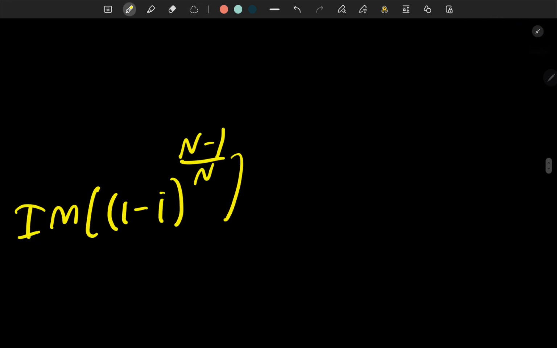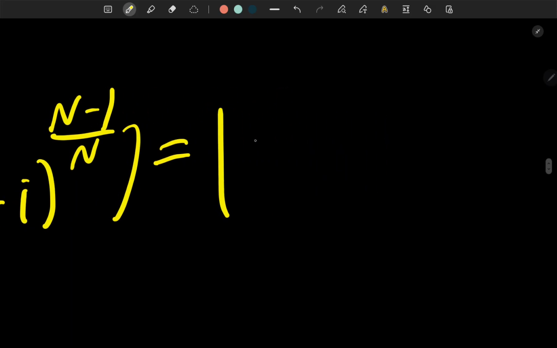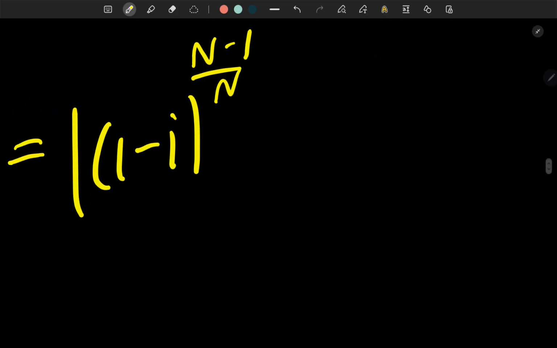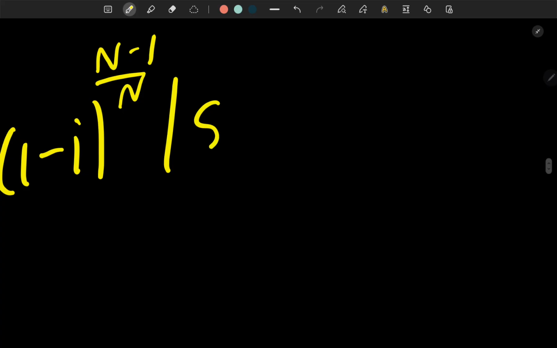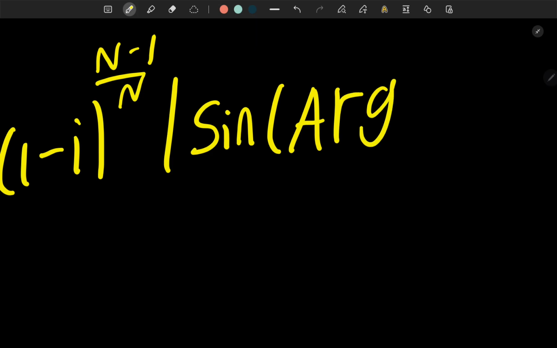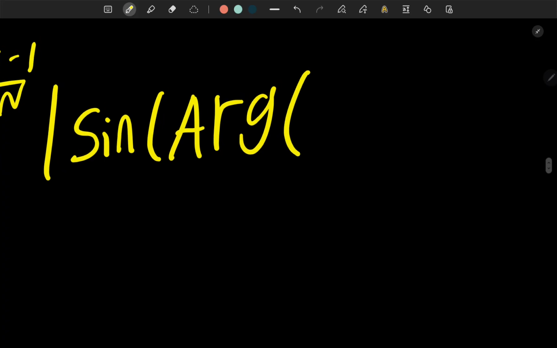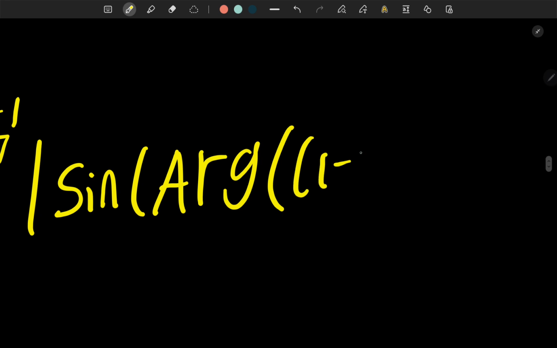This right here should equal the modulus of 1 minus i to the n minus 1 over n, times the sine of the argument, or I am so sorry, I can't even spell anymore. It's okay. Argument of what exactly? Well, the same thing. We're going to have 1 minus i to the n minus 1 over n.